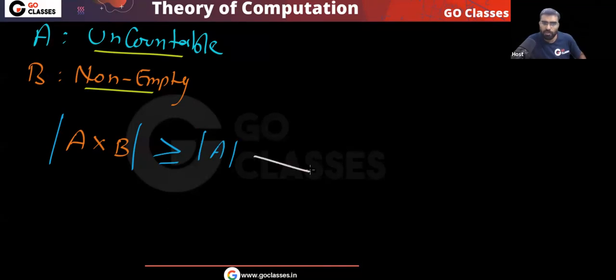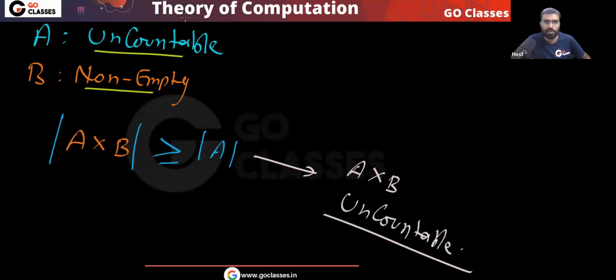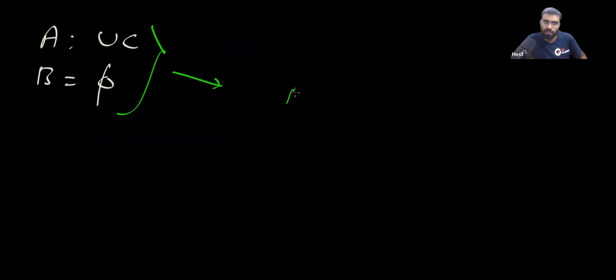So from here you can notice the product will be uncountable. The only possibility where the product is countable is if B is phi, where the product will be phi, which is countable.